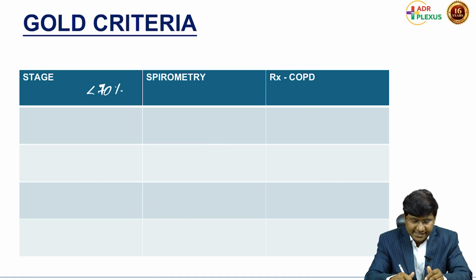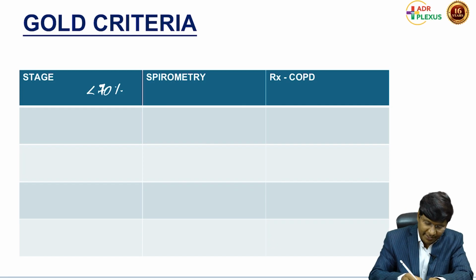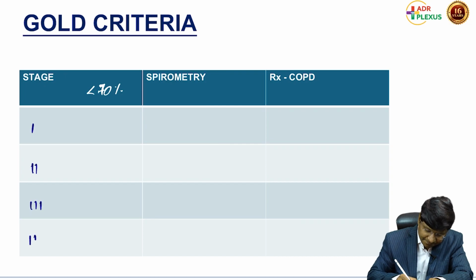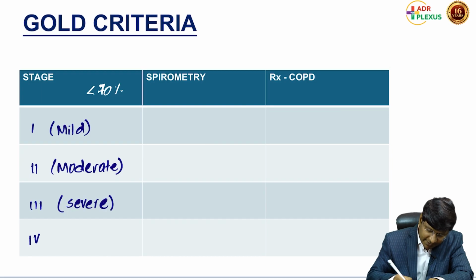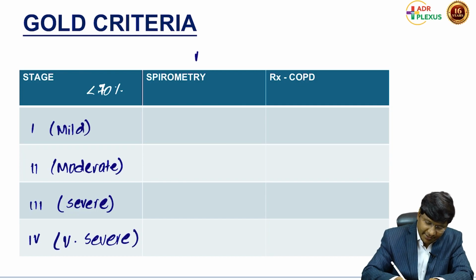Now, how do you assess the severity of COPD? We stage the patients into 1, 2, 3, and 4. Stage 1 is mild COPD, second is moderate, third is severe, and then very severe COPD, right? In all these, what do we take into consideration?